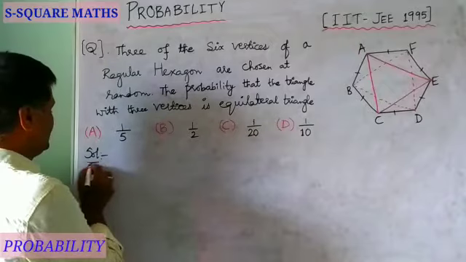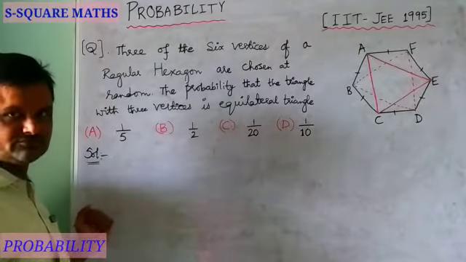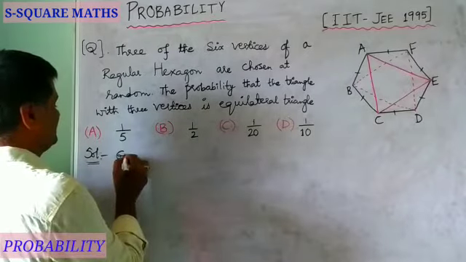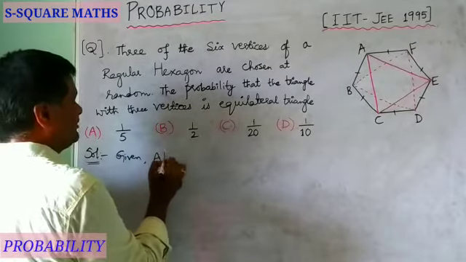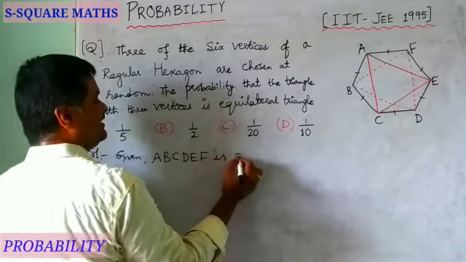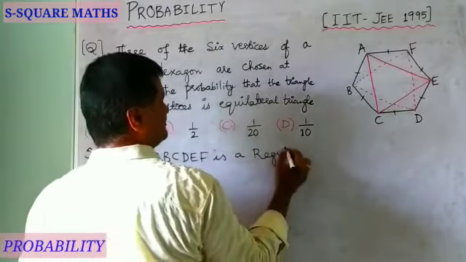So here let us start our solution now. Given, A, B, C, D, E, F is a regular hexagon.